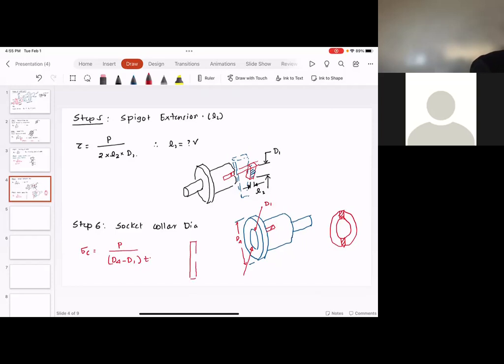So this is the spigot. This is the socket. And the quarter gets hammered in over here.